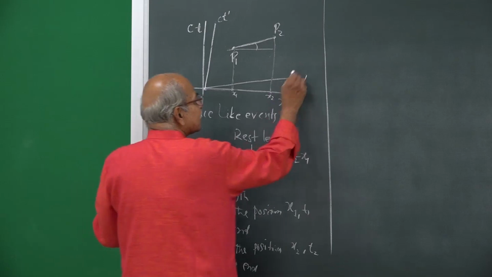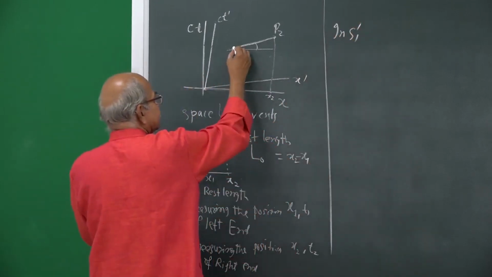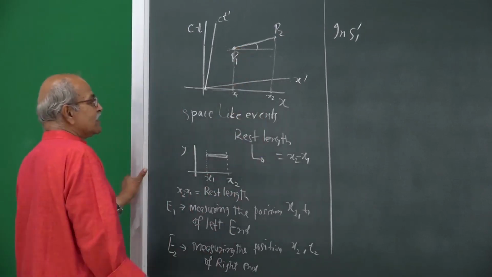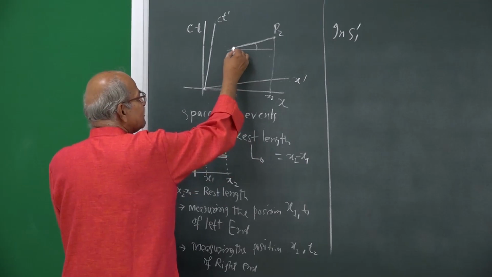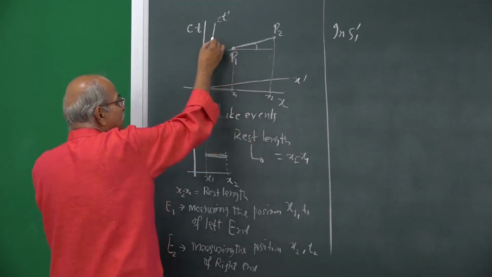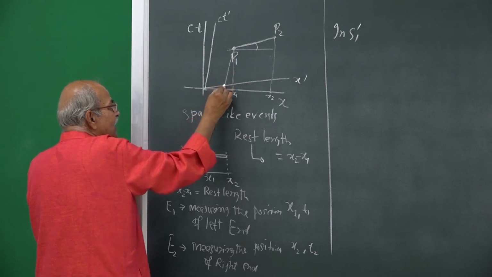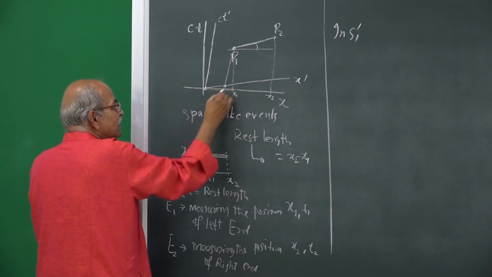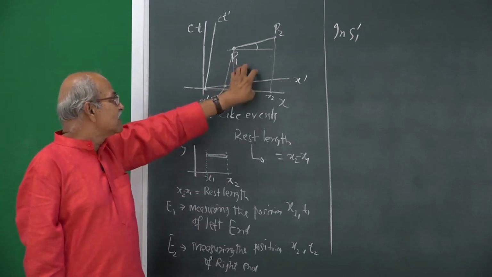So, if this is the frame S prime, how do you get x prime and how do you get t prime? For x prime, you have to draw a line which is parallel to this. So, you draw a line parallel to this, and this point will be x prime in the scale of this diagram.